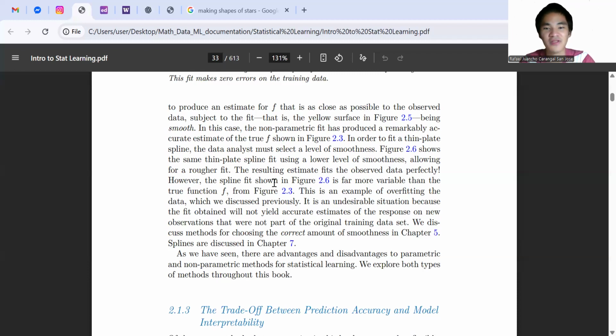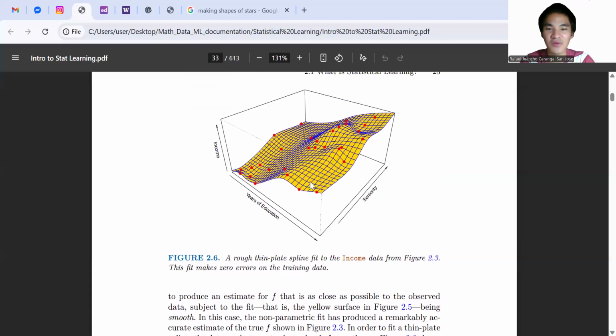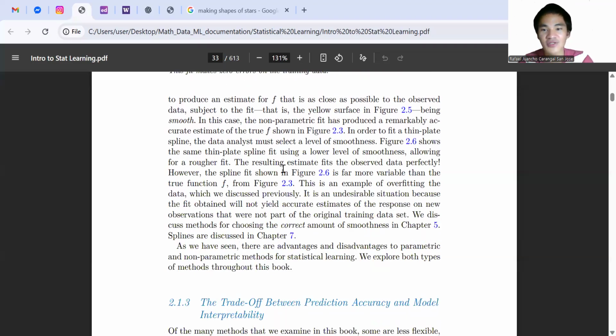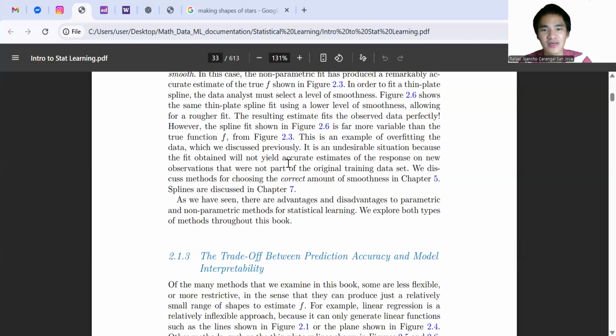However, the spline fit shown in figure 2.6 is far more variable than the true function f. And so there's the case of overfitting. We're trying to get all of those data points into the curve. And sure, in some cases that's good, but it is, again, an undesirable situation, that overfitting idea. It's undesirable because the fit obtained will not yield accurate estimates of the response.